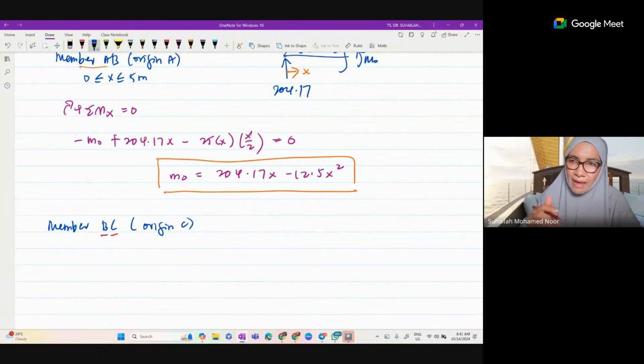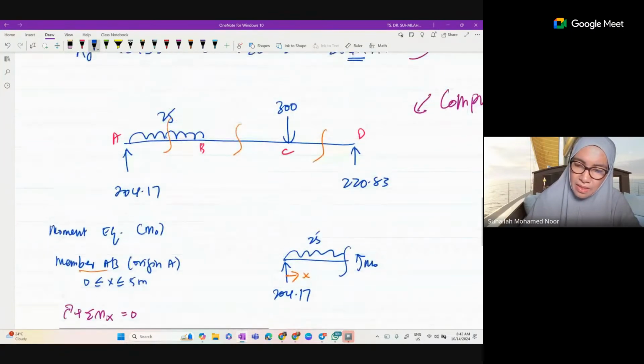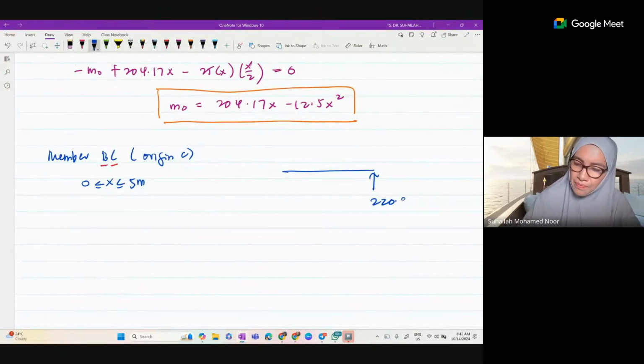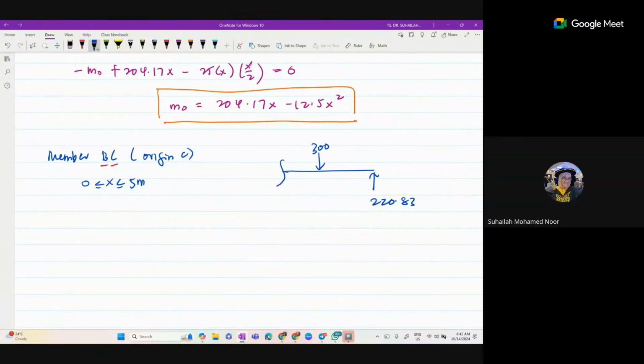So limit dia akan always start from 0 to 5. So X ni 0 to 5 meter. Okay, so now we draw the cutting section. Origin now here is 220.83 just now, 220.83 is the cutting section.